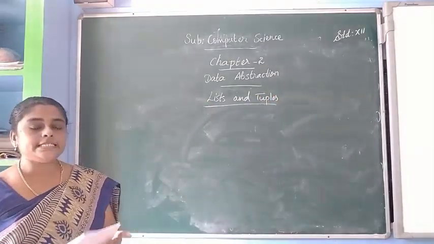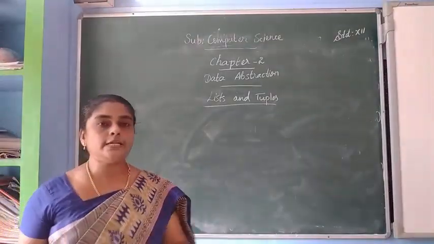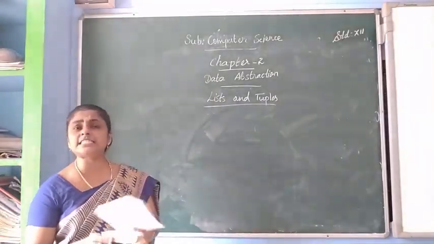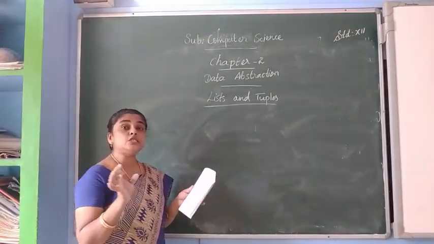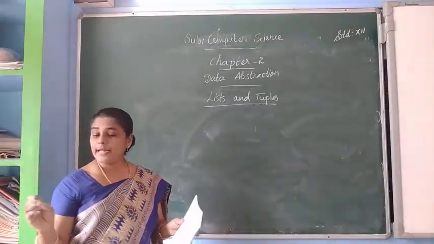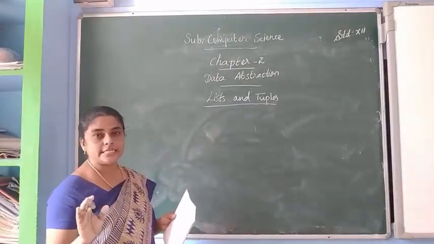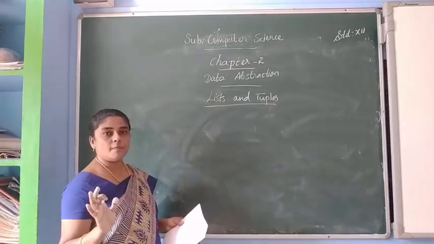Do you know what is a list and what is a tuple? A list is constructed by placing expressions within square brackets separated by commas.